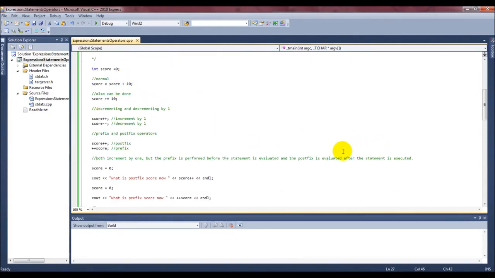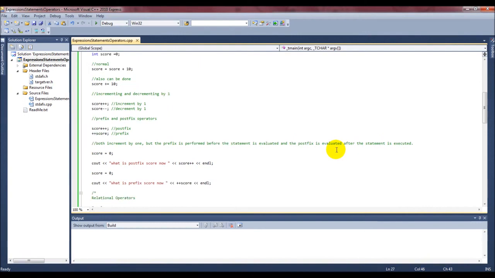A lot of this might be review for most of you, but I'm just going through it just in case. There are incrementing and decrementing operators in C++. The plus plus symbol increments by 1, and the minus minus decrements the value by 1.